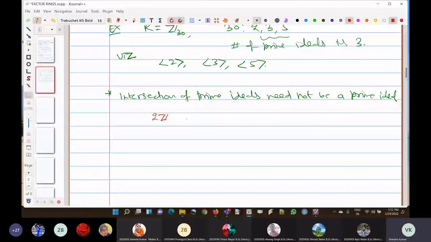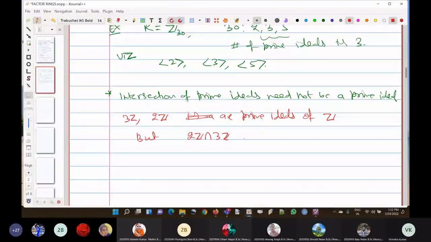Just now we have seen 3Z and 2Z are prime ideals of Z. But 2Z intersection 3Z is going to be equal to 6Z, which is not a prime ideal.